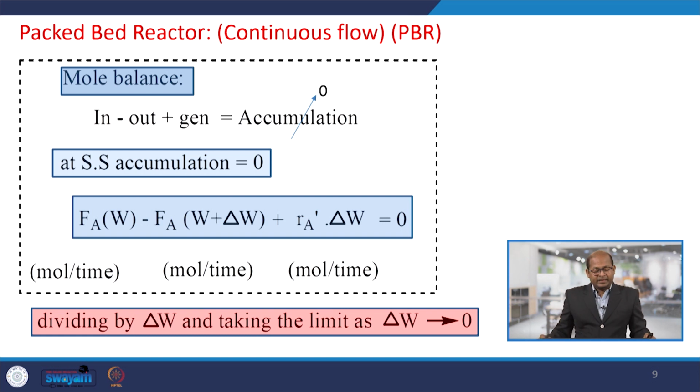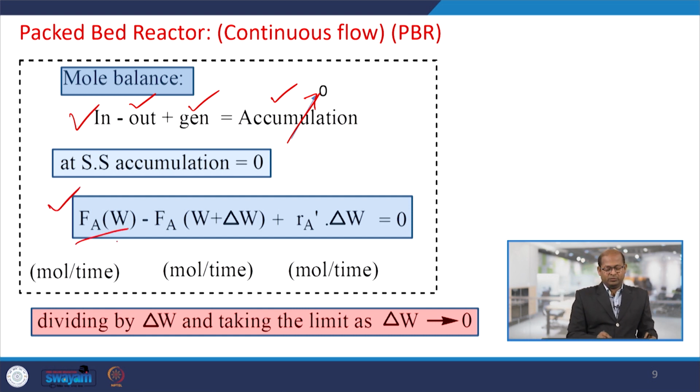So for this type of reactor, if you do the material balance, there are inlet, outlet, generation and accumulation parts. Since the reactor is at steady state, the accumulation part will be 0. So FAW minus FAW plus delta W equals RA prime into delta W, that is the generation part.